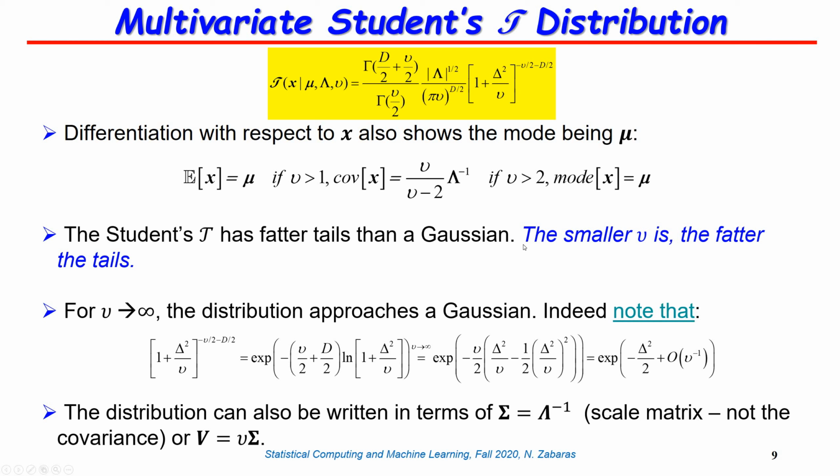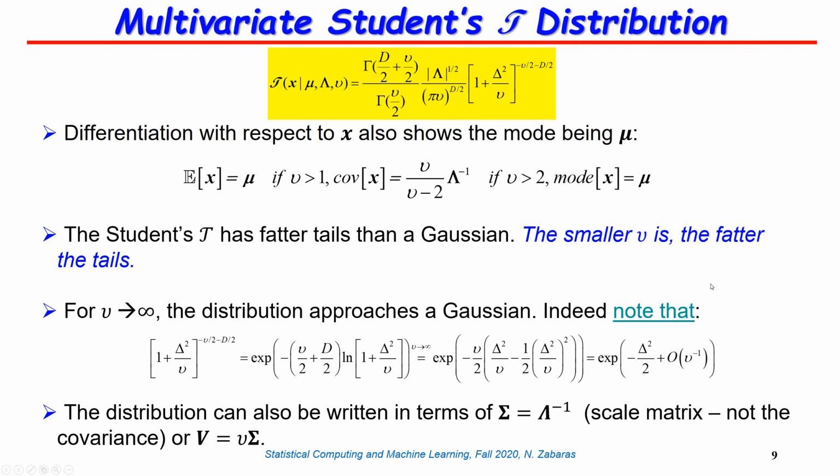I know we haven't explicitly done things like maximum likelihood estimation for this type of distribution, because the algebra is a little bit complex. But I gave you some plots for the univariate case, and the same type of conclusions are also true for the multivariate case. Okay, so we are done with the Student's t-distribution.